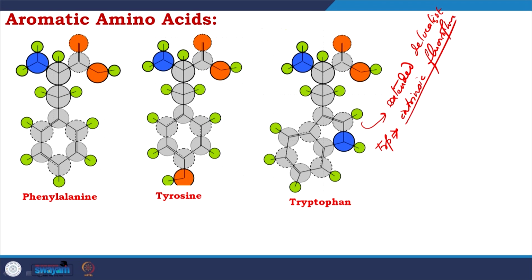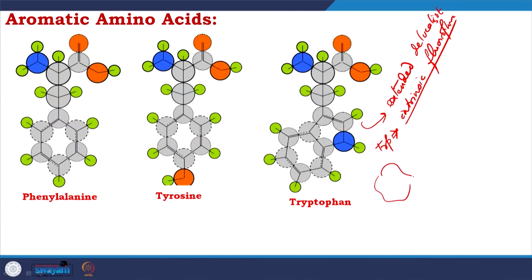So, when you have a pure protein, without labeling it, you could perform fluorescence spectroscopy of that protein if you have tryptophan in the protein. That is an advantage. You cannot use phenylalanine or tyrosine as a fluorescent marker, whereas you could use tryptophan as a marker.